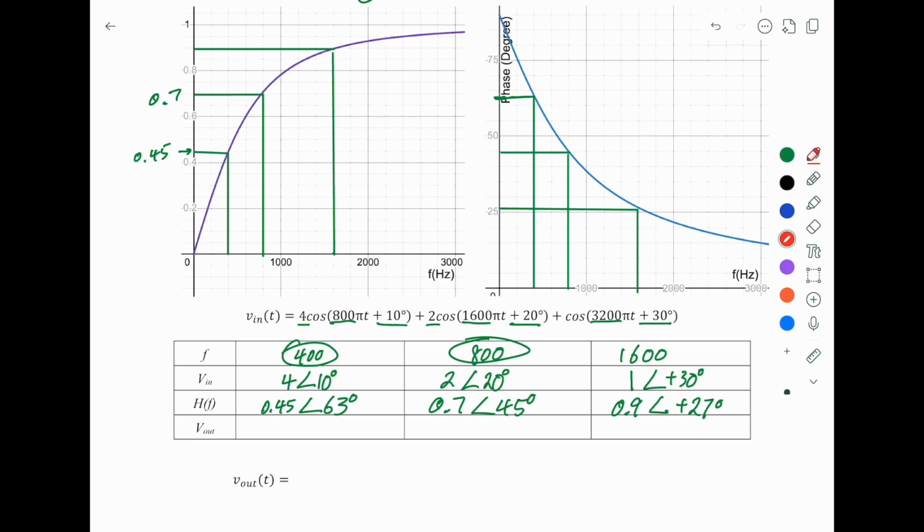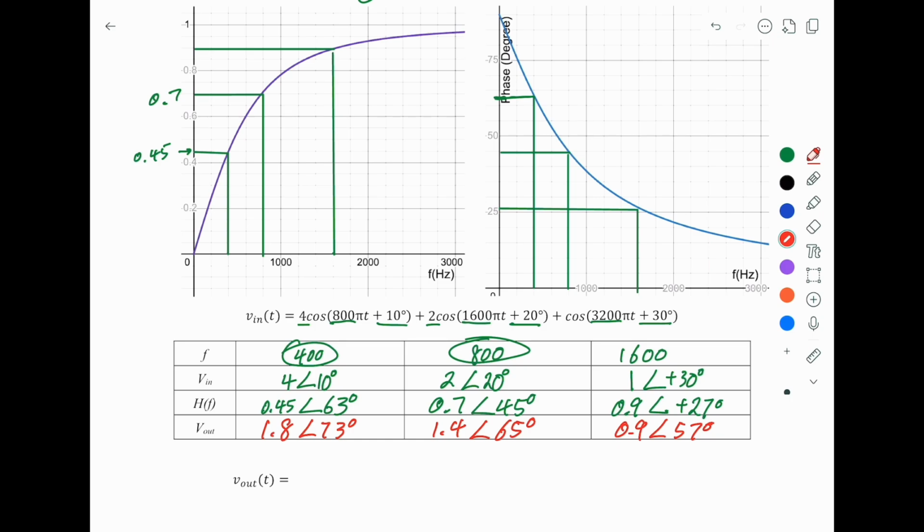So now we apply the transfer function to the input signal. 4 times 0.45 is 1.8, and it shifts the angle to 73 degrees. This is 1.4, and now it becomes 65 degrees. This is 0.9, and it becomes 57 degrees.